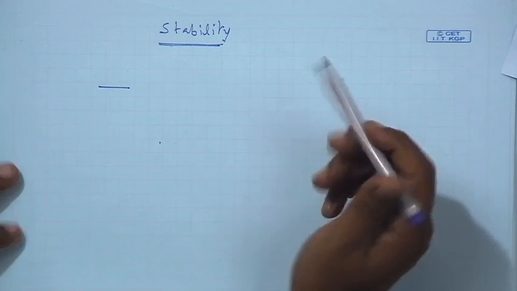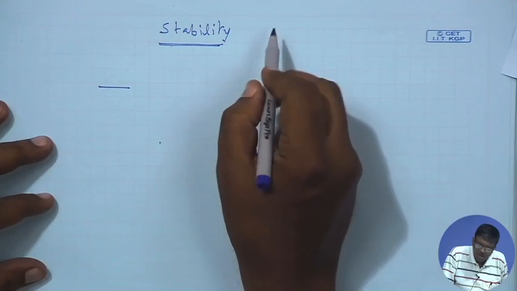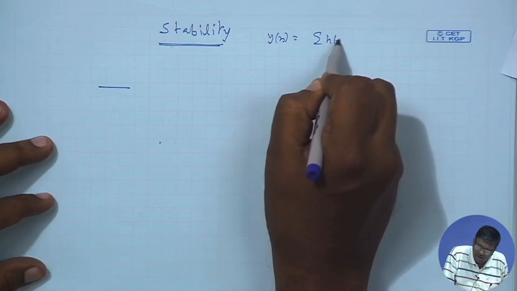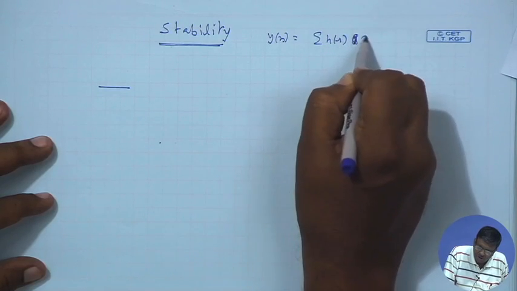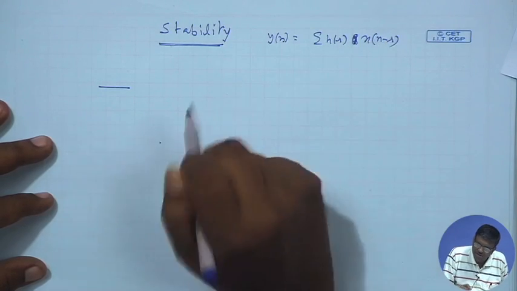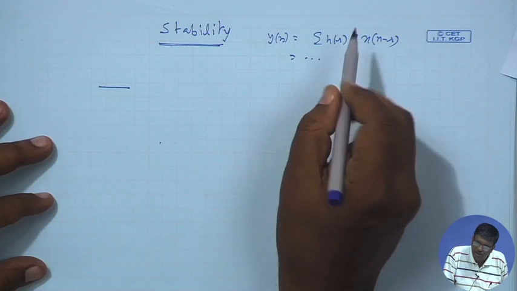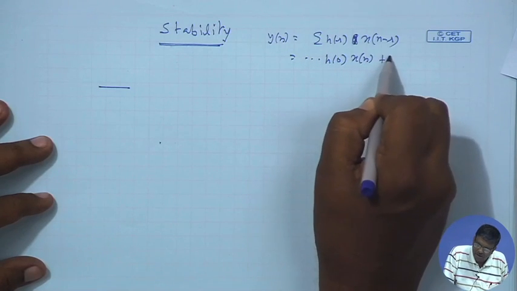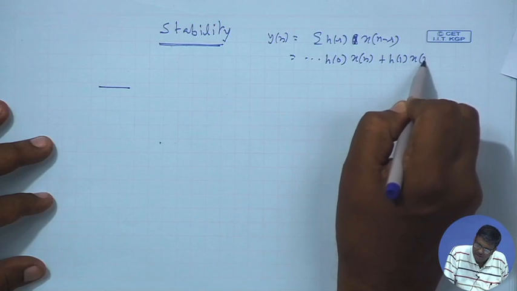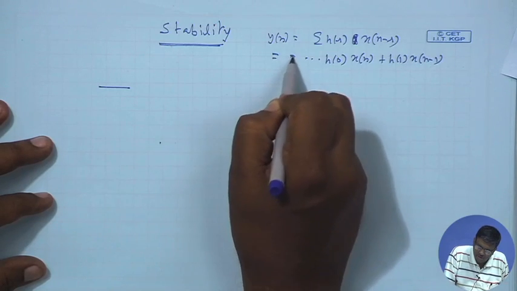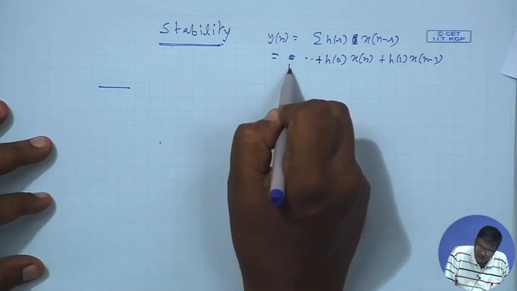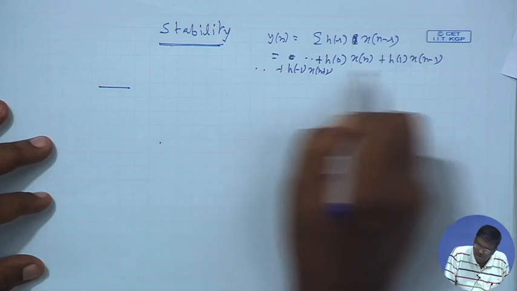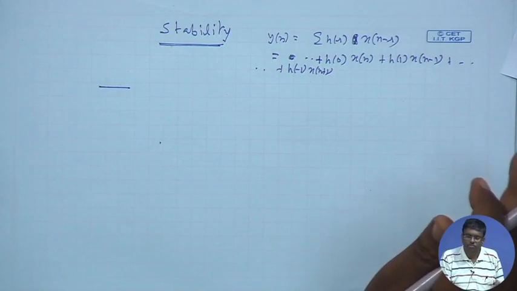So, you have seen convolution is a summation, like y[n] equals the sum of h[r] x[n minus r]. So, it is like an infinite sum: h[0] x[n], h[1] x[n minus 1], h[minus 1] x[n plus 1], dot dot dot, an infinite sum.